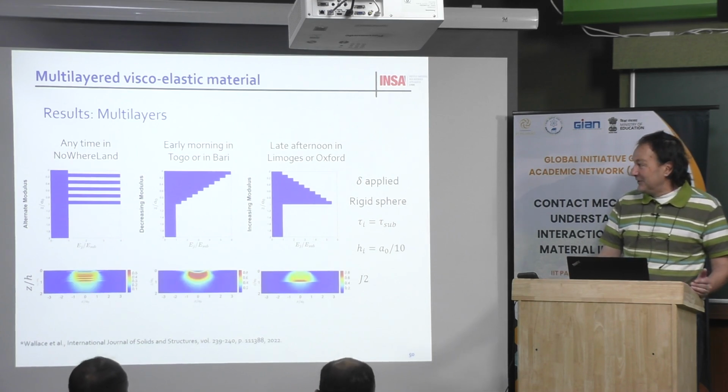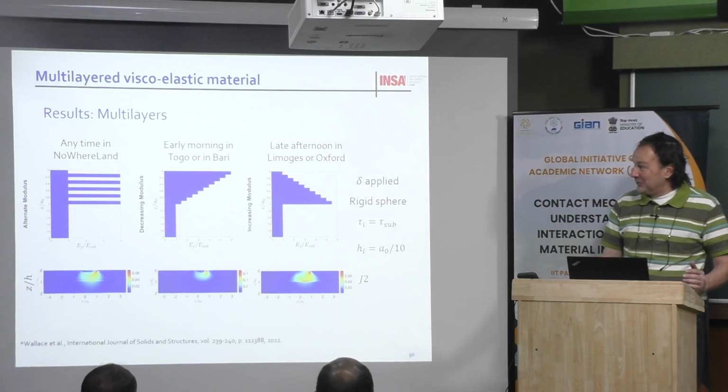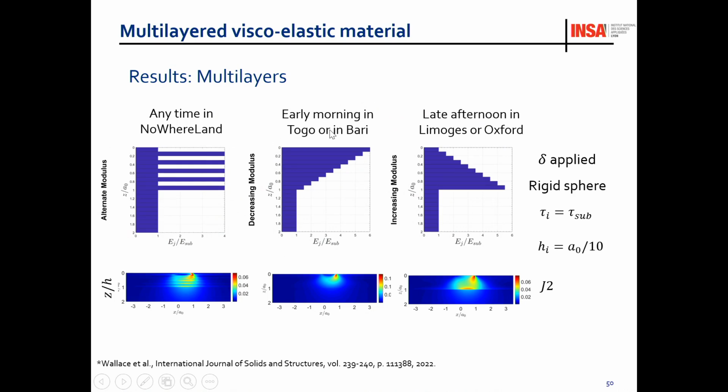But for example, in a very hot country, in Africa or in Italy, because it is cold during the night, the asphalt, the bituminous material is cold, then it is very stiff. But there is still some heat stored below, and you can have a decrease like that of the Young modulus for different layers.